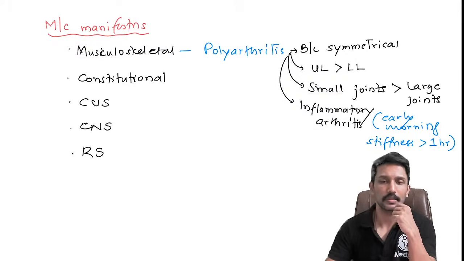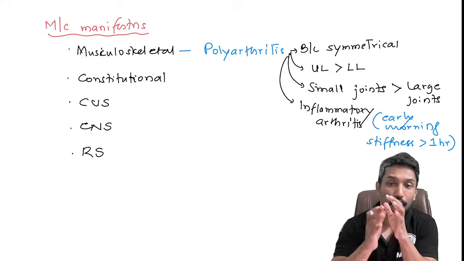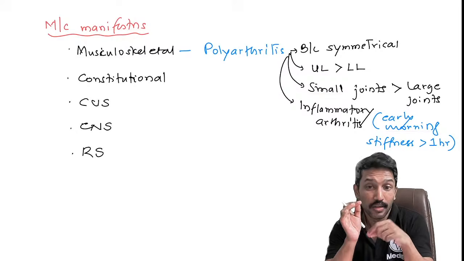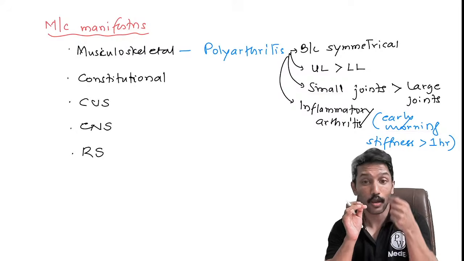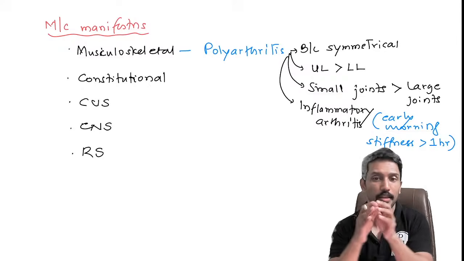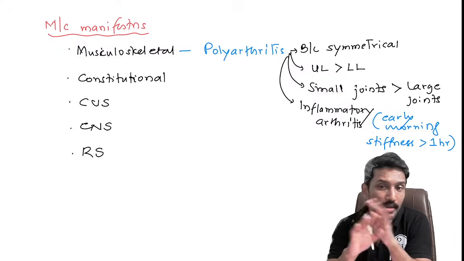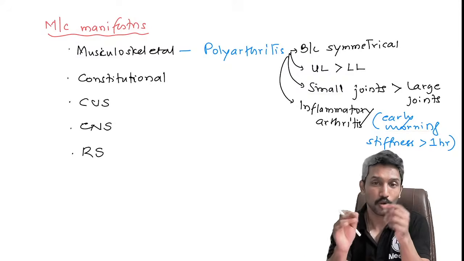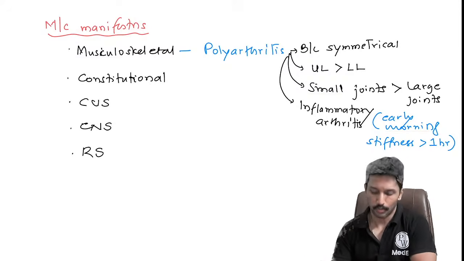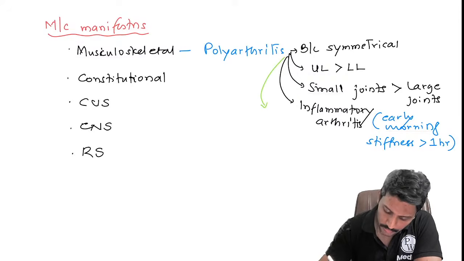So then what is the difference? The difference is in rheumatoid arthritis there are joint erosions. It is an erosive polyarthritis which leads to joint deformities. In SLE it is not an erosive polyarthritis. So true joint deformities don't occur here. It's a non-deforming arthritis. So that's a very important point. It is a non-erosive arthritis.